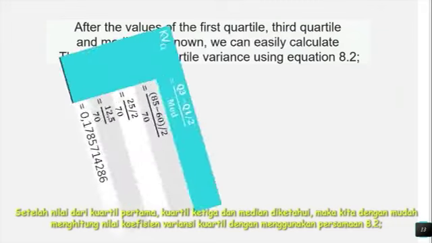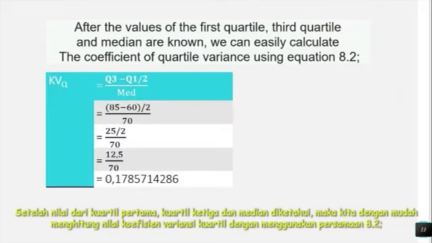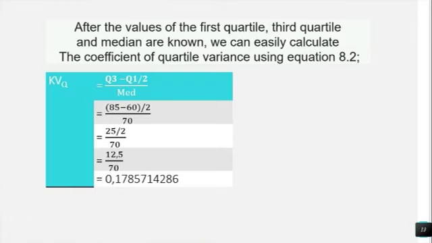After the values of the first quartile, third quartile, and median are known, we can easily calculate the quartile coefficient of variance using equation 8.2.